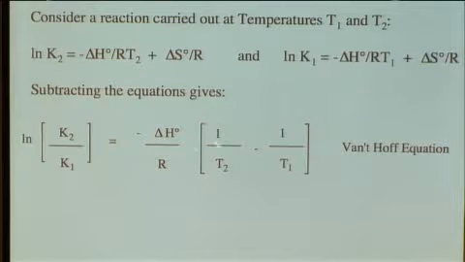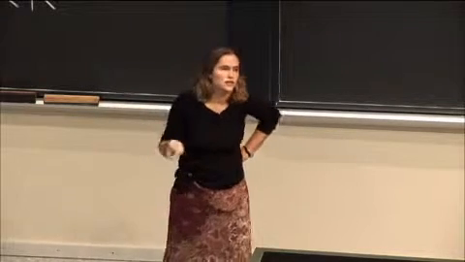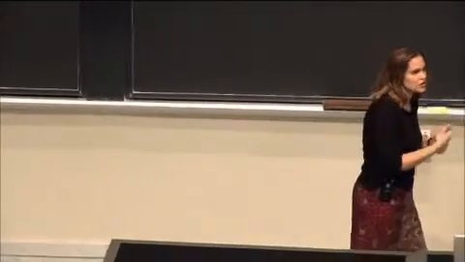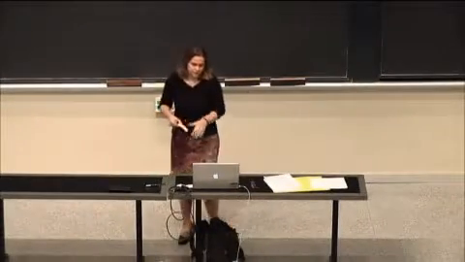So you bracket 1 over temperature 2 minus 1 over temperature 1. And this just comes from subtracting those two equations. So again, you can think about how the equilibrium constant is going to change with temperature. That's what this equation does for you.